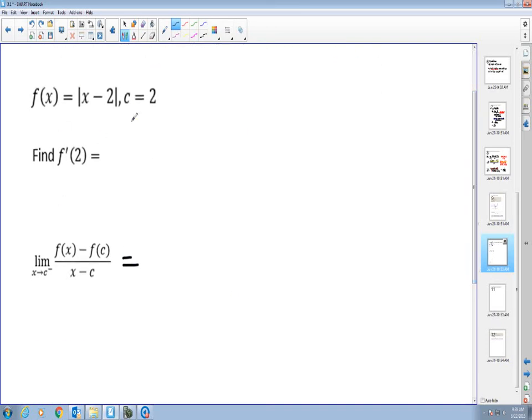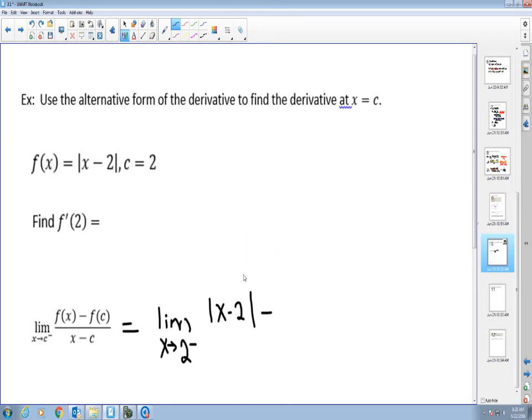Alright, so for this absolute value function, f of x is the absolute value of x minus 2. So the absolute value of x minus 2, minus f of c.